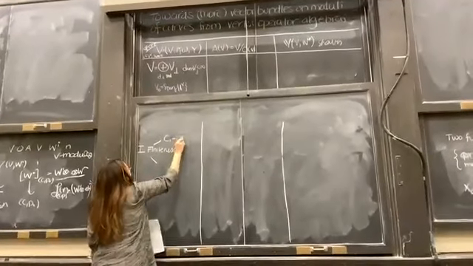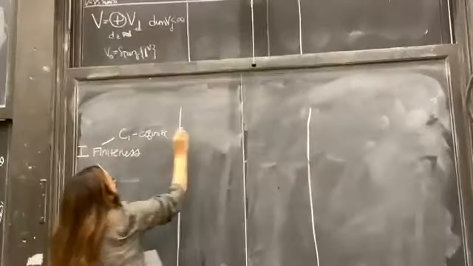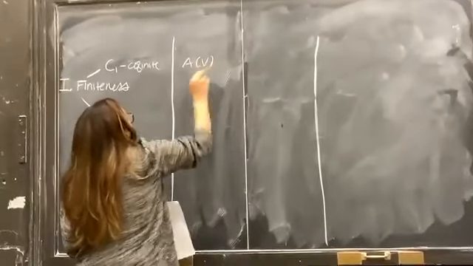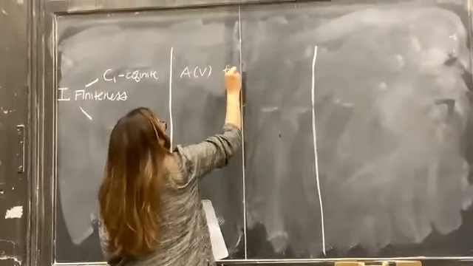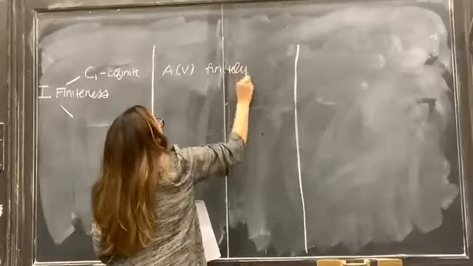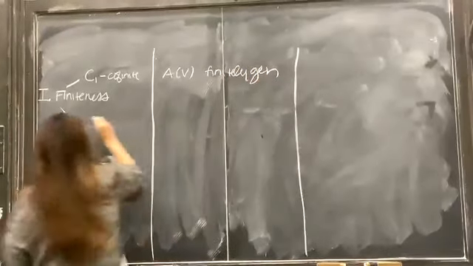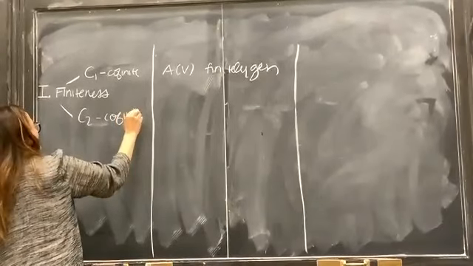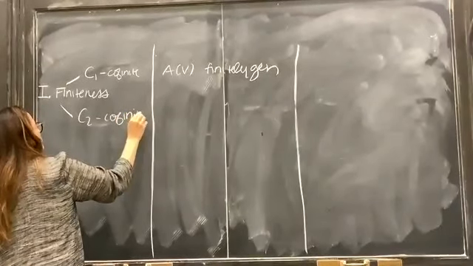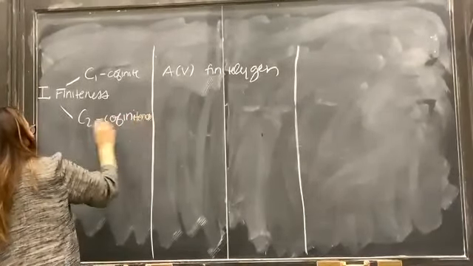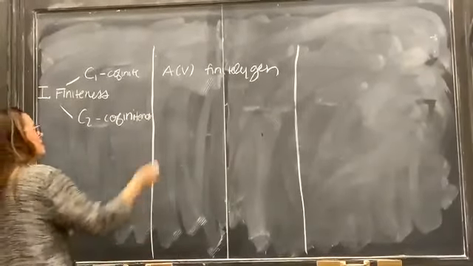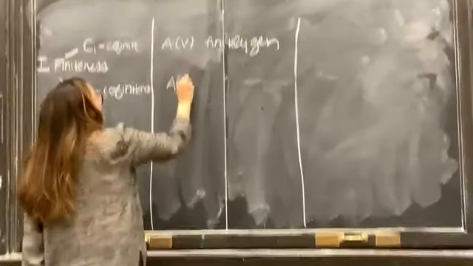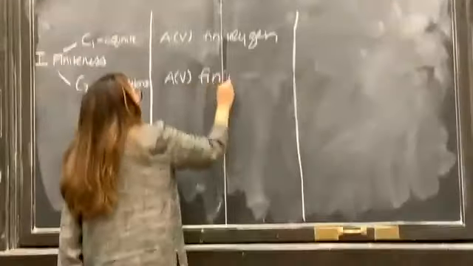There's C1 cofiniteness, which just translates into the algebra A(V) being finitely generated. And C2 cofiniteness, there's actually a very infinite list of these, but actually C2 implies all the other ones. And this is the condition that A(V) is finite.